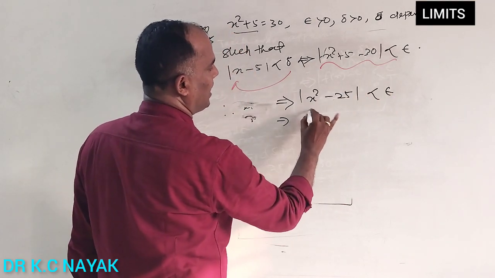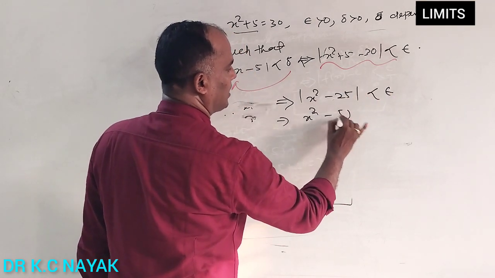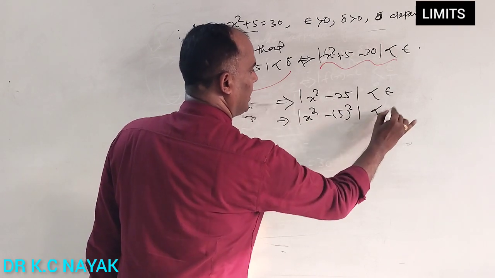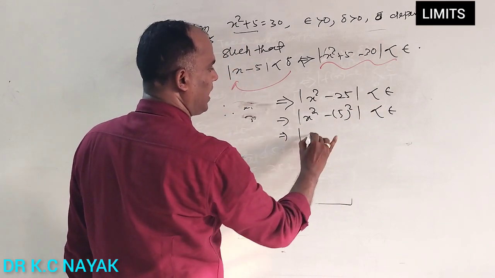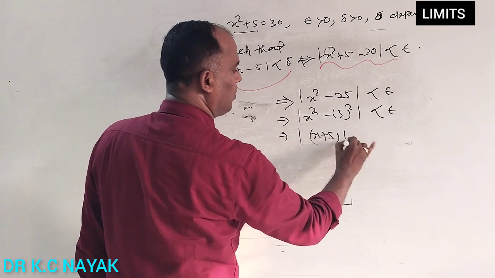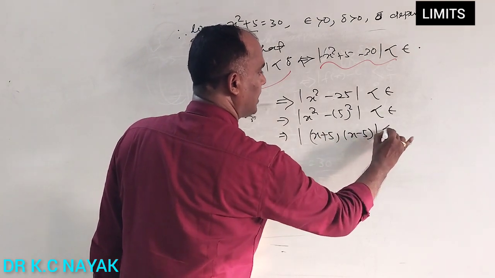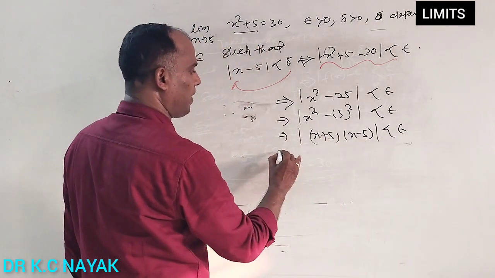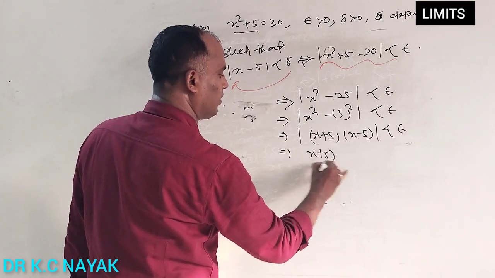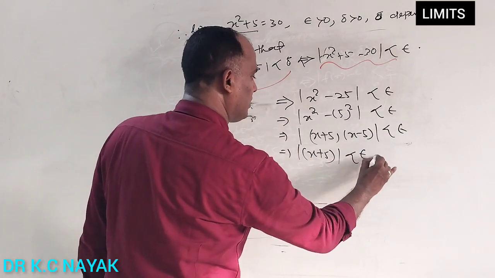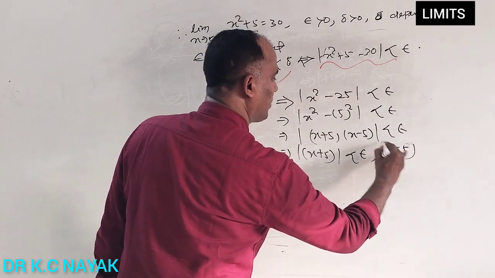Again we can write x square minus 5 square, modulus less than epsilon. Then x plus 5 into x minus 5, modulus less than epsilon. Again we justify modulus of x plus 5 less than epsilon, and modulus of x minus 5 less than epsilon.